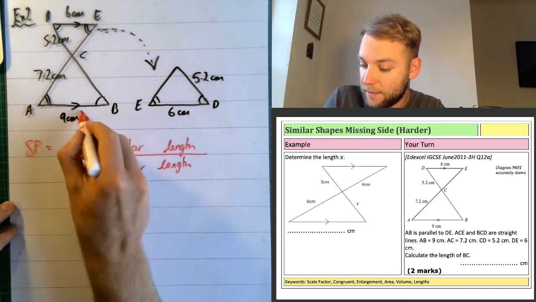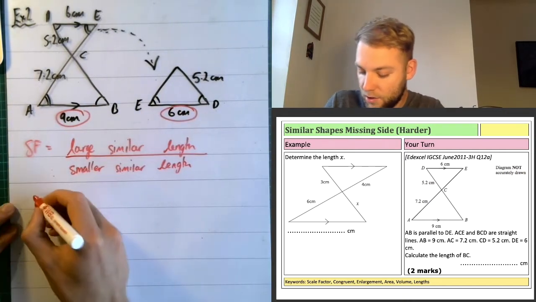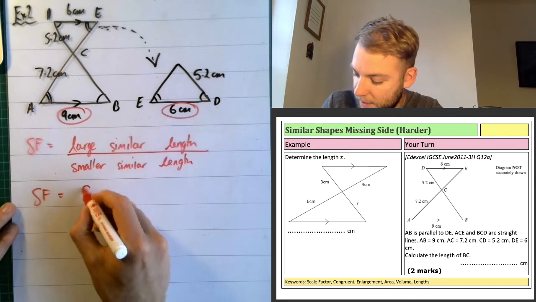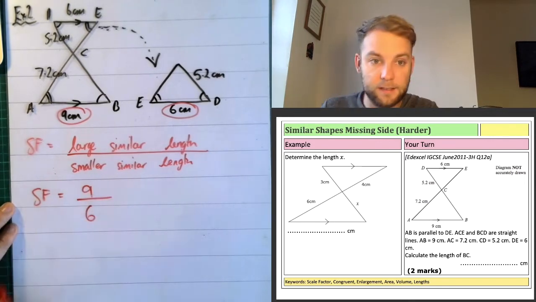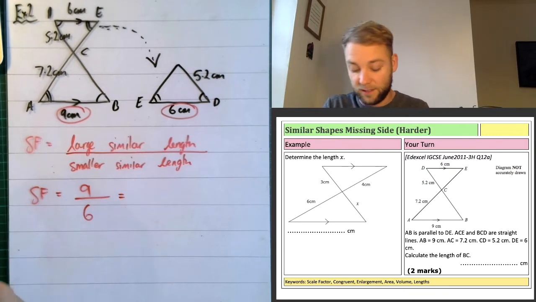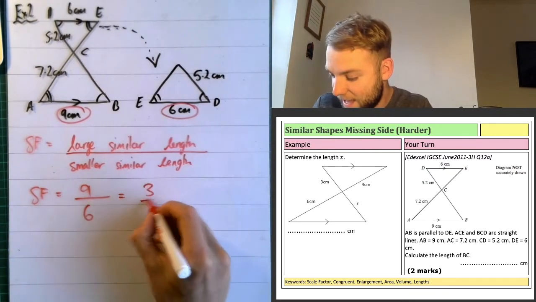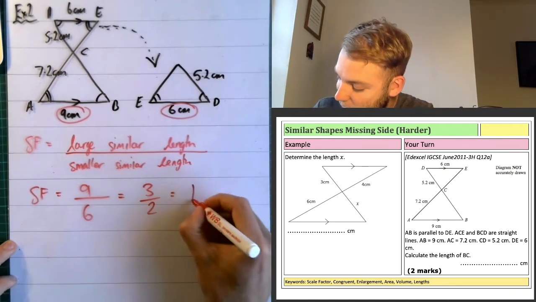Well, in this case, it's the bottom, isn't it? So that 9 and 6. To work out my scale factor, it's going to be 9 divided by 6, which is equal to 3 over 2 again, which is equal to 1.5.